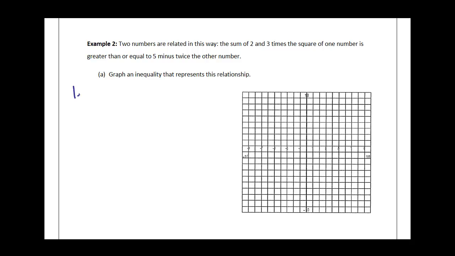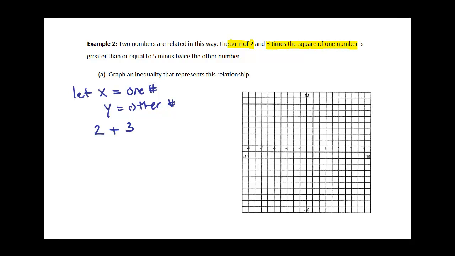So we have two numbers. So we need to let, say, x equal one number in this case, and we'll let y equal the other number. So the sum of 2 and 3 times the square of one number. So here we have the sum of 2, which means we have 2 plus something, and then it says 3 times the square of one number.